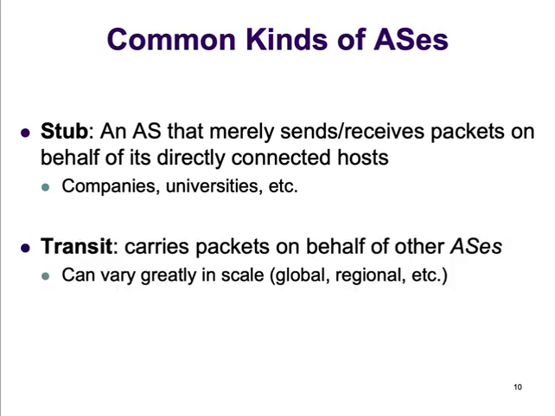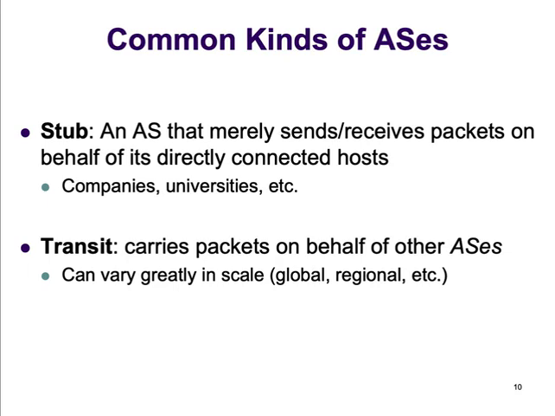Okay? The other kind are what we call transit ASs. These are ASs that will carry traffic on behalf of other ASs. So these are the ASs you'd expect, AT&T, Verizon, and so on. They're kind of in the business of internet connectivity. That's their reason for existence. And in practice, we'll get to this a little bit more in slides going forward, but in practice, there's quite a bit of variance in the nature of transit ASs.